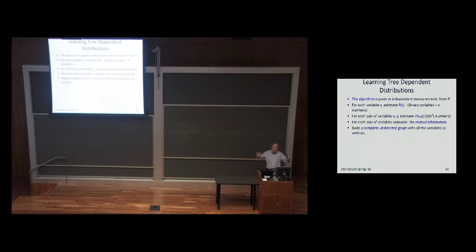So I'm going to connect everything. And now I'm going to prune these edges. So if I of xi, xj is the weight of the edge, what I'm going to do is build a maximum weighted spanning tree on this graph. So this is going to be my way of taking the complete graph, getting it into a tree.